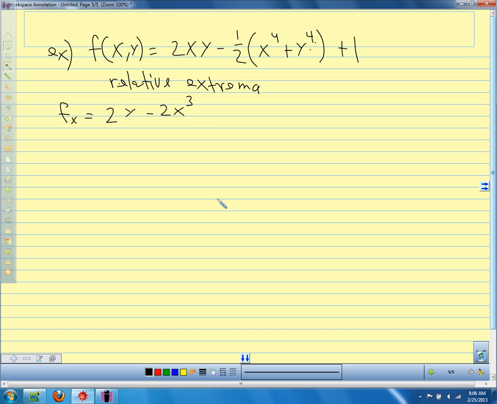There we go. So there's our partial with respect to x. What is our first partial with respect to y? 2x minus 2y cubed. So it's symmetrical in x and y, right?